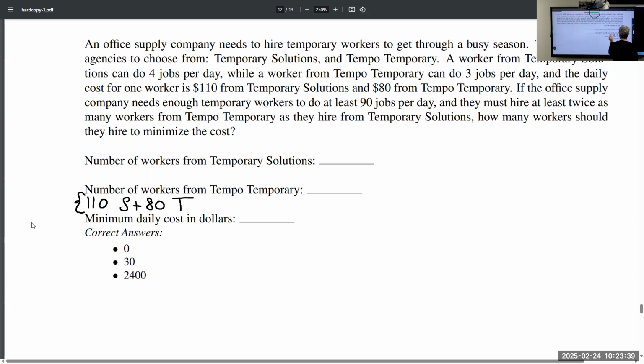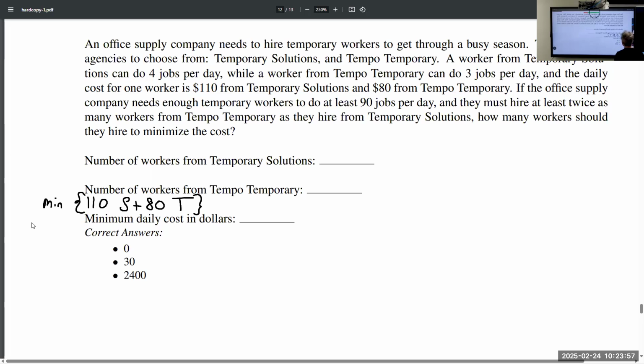Okay. So we have Solutions and Temporary, $110 from Solutions, $80 from Temporary. We want to minimize that cost.